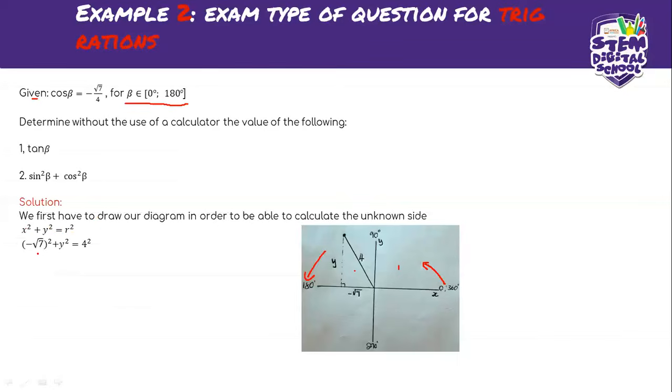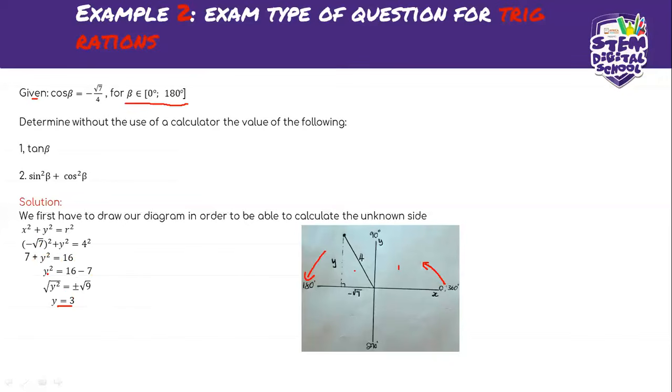Step number 2, we substitute the values that we have there, and we are looking for the value of y, which is positive 3. But first, after we have substituted, you press your calculator, and you'll have 7 plus y squared equals 16. You then transpose 7 to the right-hand side because we are looking for y.